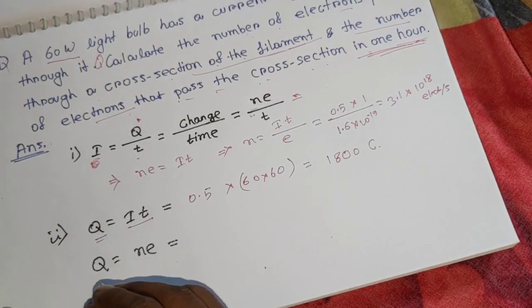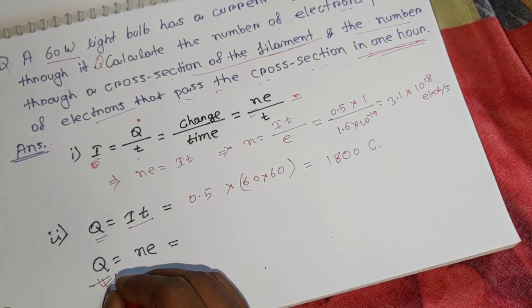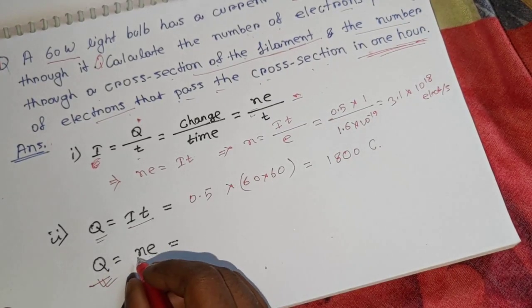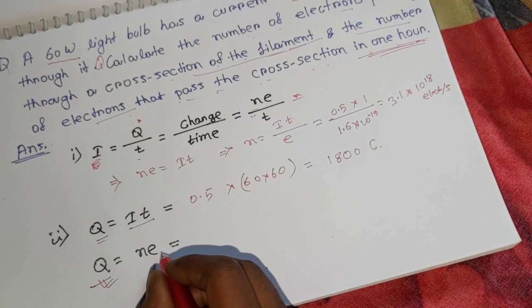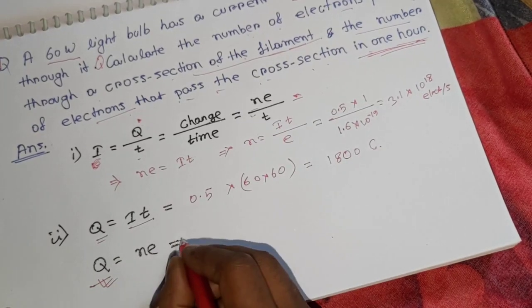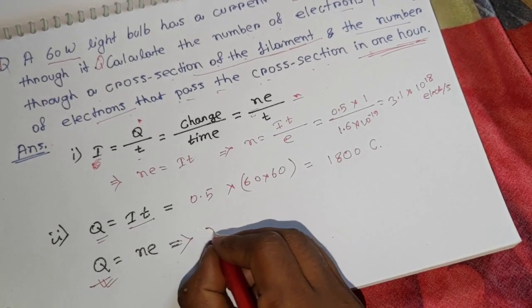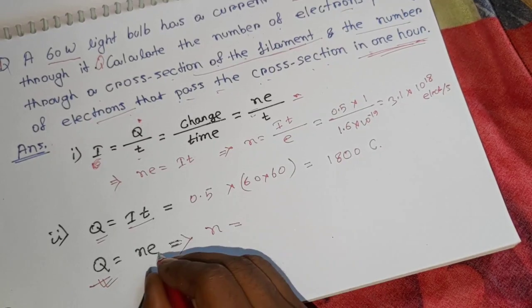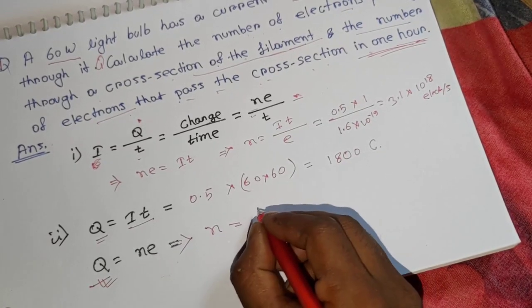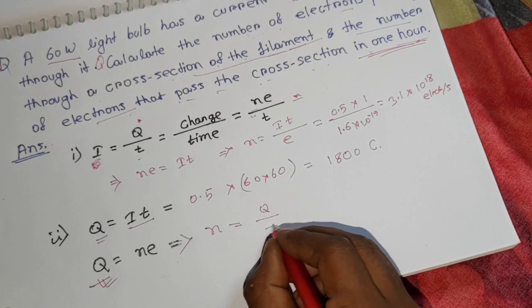Now they ask for the number of electrons that pass the cross section. We know Q is equal to N e, so N is equal to Q by e.